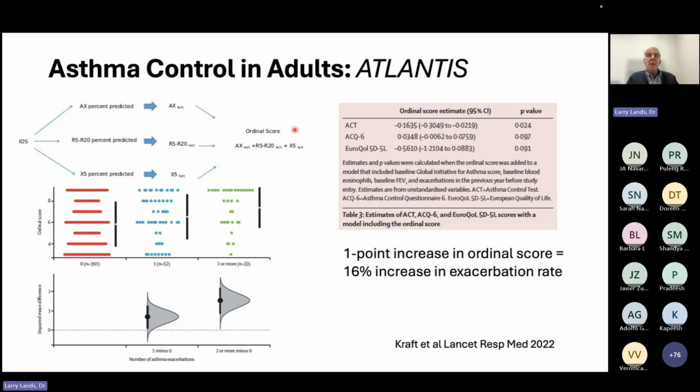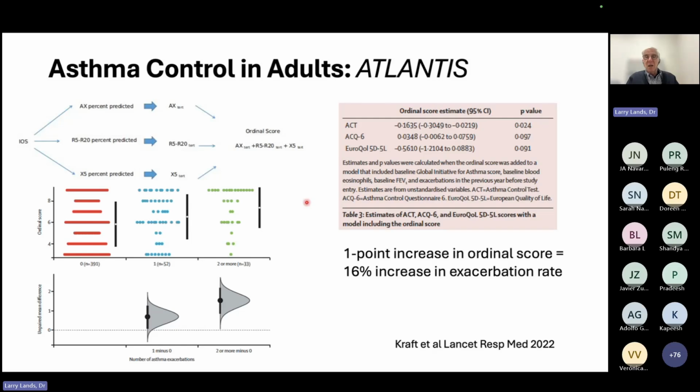They combined them and came up with an ordinal scale, and this was quite predictive of an increase in exacerbation rate. So here again, oscillometry is helping to indicate who is well controlled and who is most likely to have an exacerbation.